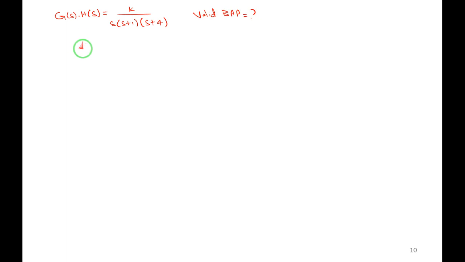First, form the characteristic equation: 1 plus G(s)H(s) equal to 0. So 1 plus k divided by s(s+1)(s+4) equal to 0. Solving this, we get a third order equation.